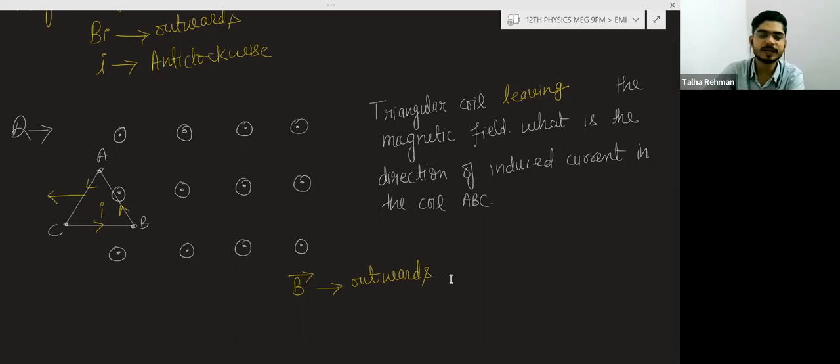So again, you will get the direction of the induced current as anti-clockwise. So the induced magnetic field will be outwards, and the induced current will be anti-clockwise.